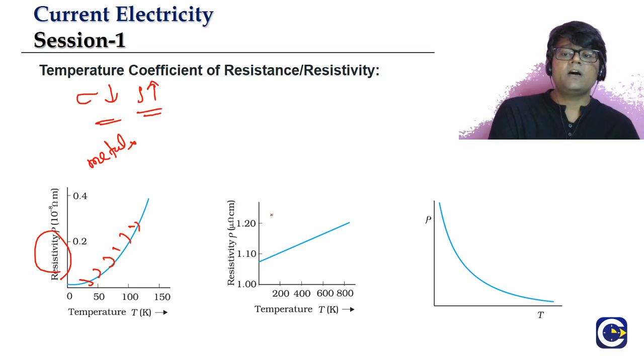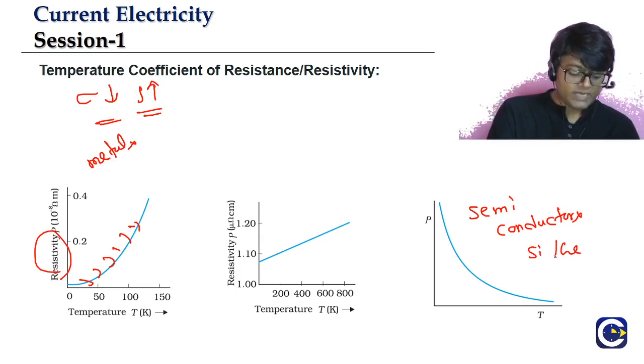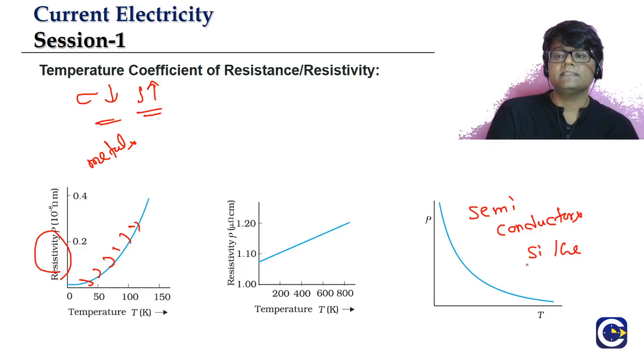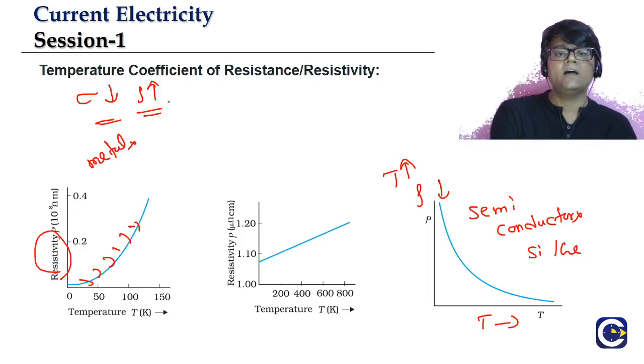In case of the semiconductors, this last graph we are seeing is for semiconductors, like silicon or germanium. What we'll observe in the case of semiconductors is that if you increase temperature, the rho value is going to decrease. So increasing temperature will decrease the resistivity. Not every object will have rho increasing along with temperature. That happens only for metals. On the other side we have materials like nichrome and some alloys.